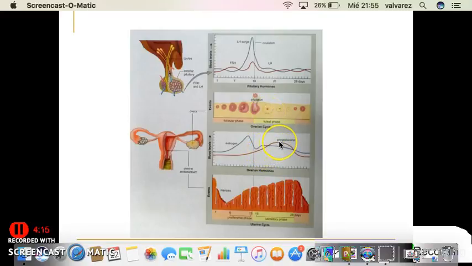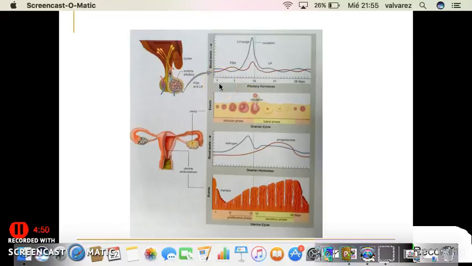And as progesterone starts surging, the endometrial walls keep on thickening and thickening even more, as I had said before, in order to nest the fertilized egg, for there to be an implantation of the egg into these walls from which the zygote will be nourishing. Let's go back into this.